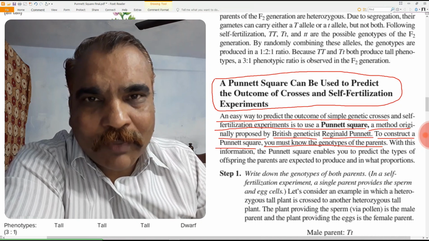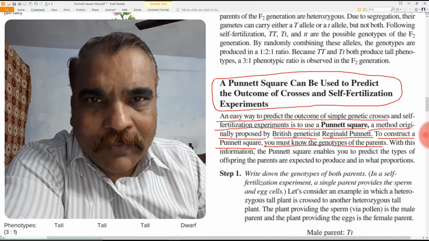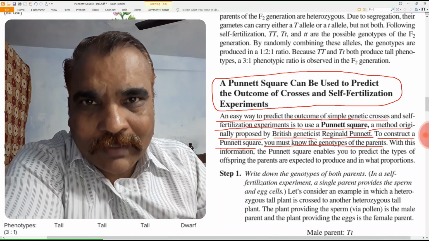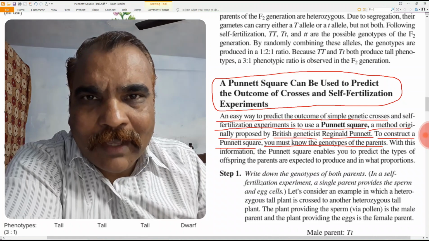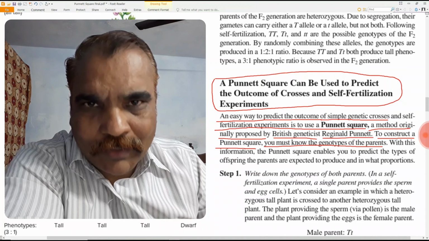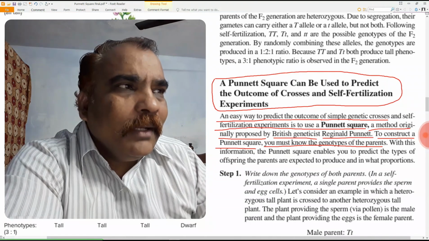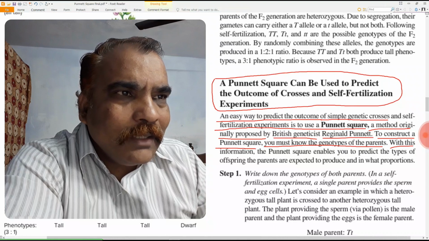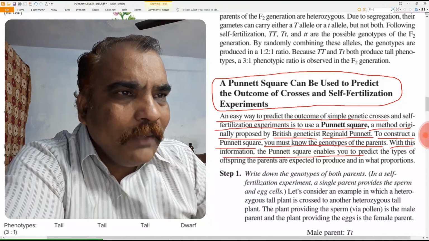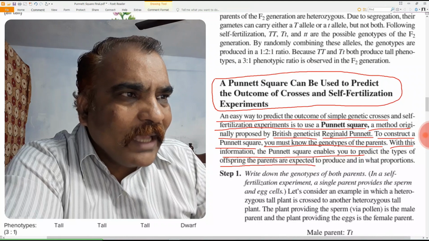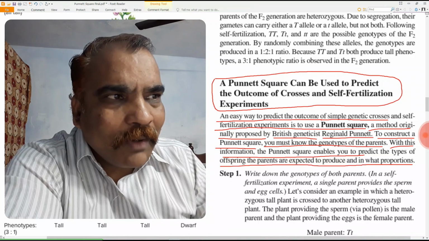So, the experiment from where we are starting, the first requirement for us is to know the genotype of the parent, that means whether the parent is homozygous or heterozygous. Now with this information, the Punnett square enables you to predict the type of offspring the parents are expected to produce and in what proportion.